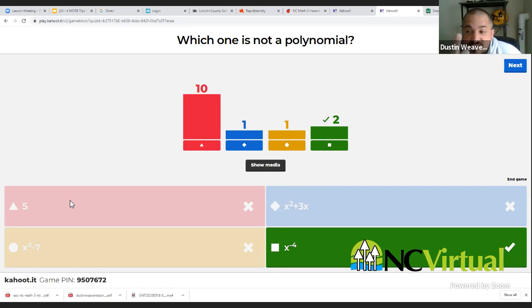It's a constant because it's just a number, and a monomial because there's one term. So it is definitely a polynomial. X to the negative 4 is not a polynomial because you can never end with a negative exponent. There is no such thing as x to the negative 4. It would be 1 over x to the 4th because you would have to move it to the bottom of the fraction. So this is a quadratic binomial. This is a cubic binomial. This is a constant monomial.